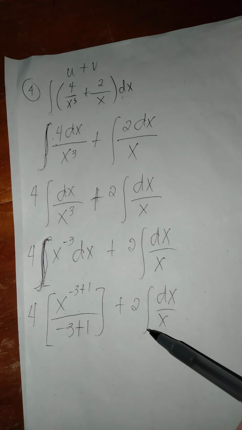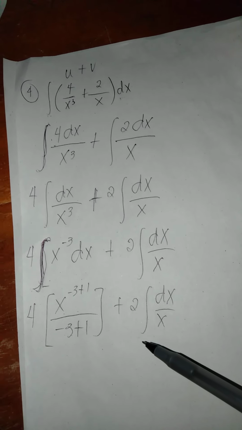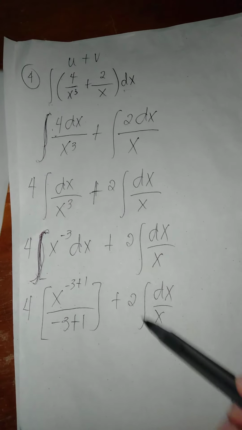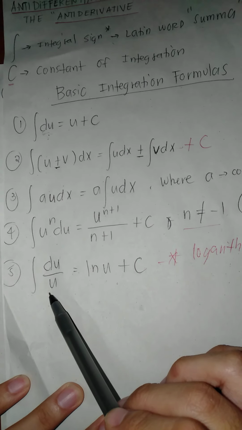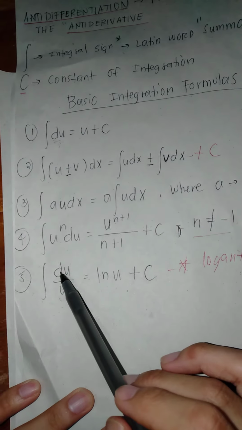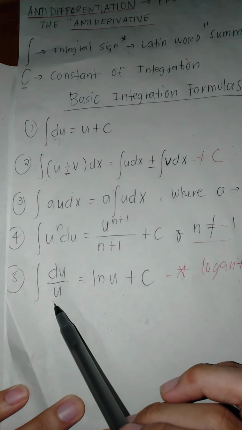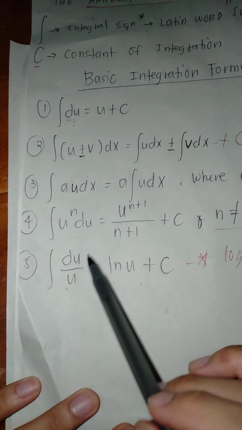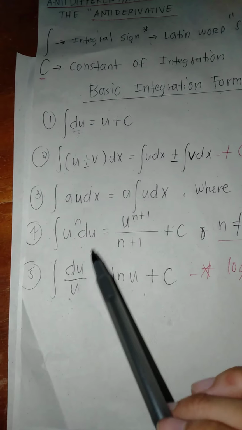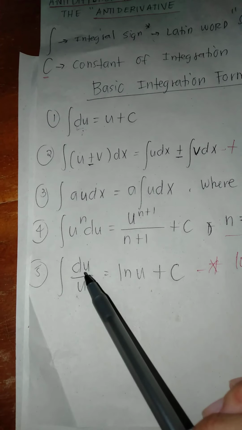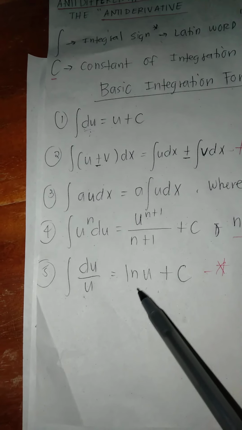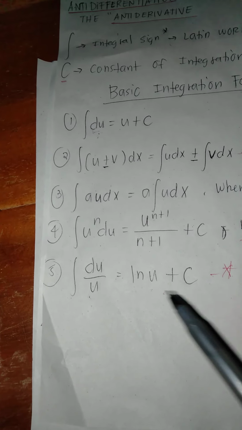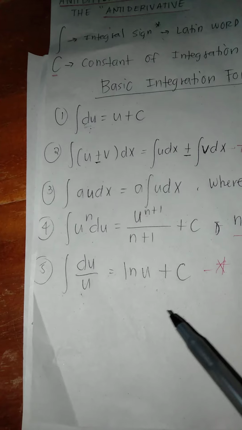Kung babalikan natin yung formula natin, ano yung kamukha nito, guys? Number 5, di ba? Integral of du over u. First, ano ba yung du, guys? I-expound pa natin to on our next video or next lecture natin. Pag-uusapan natin itong number 5 more, kasi need natin ng separate topic for this one.